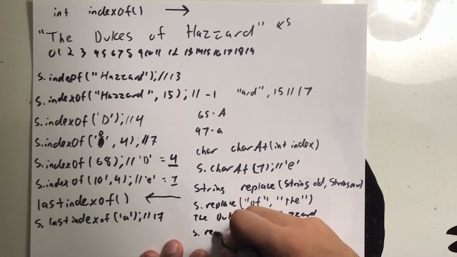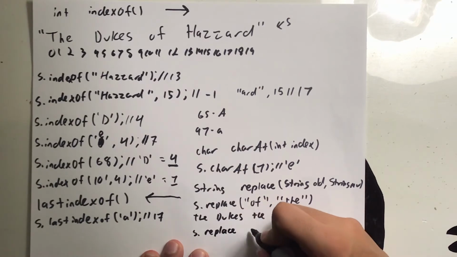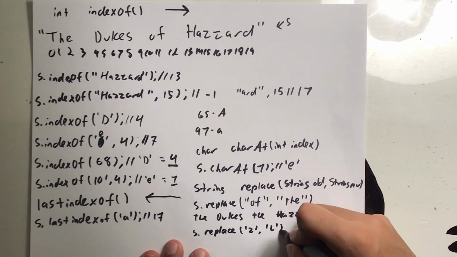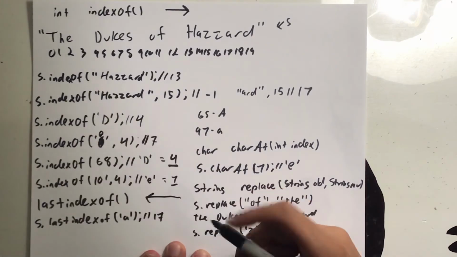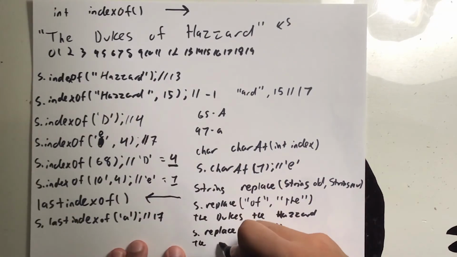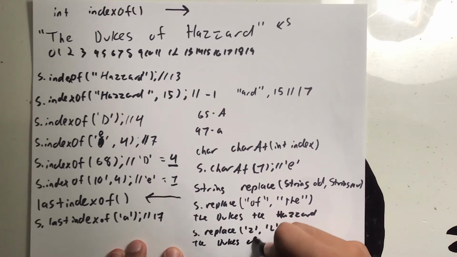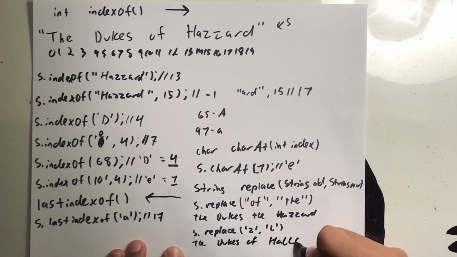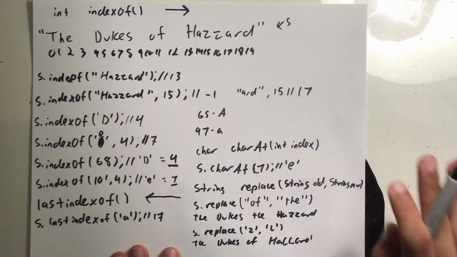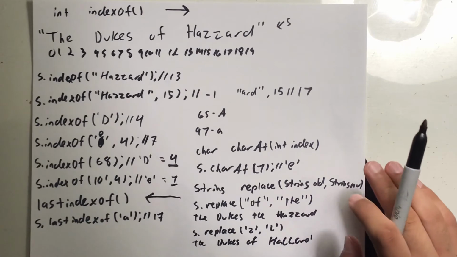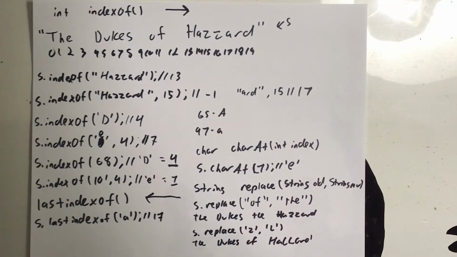S dot replace Z with L. And it's going to be the Dukes of Hallard. This replaces all occurrences of whatever it's going to be. Every single one, okay? Don't forget that. Not just one time, but for every single occurrence.